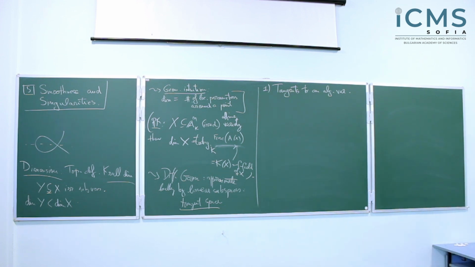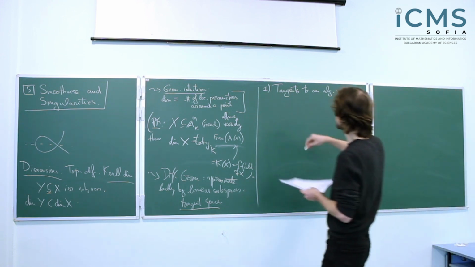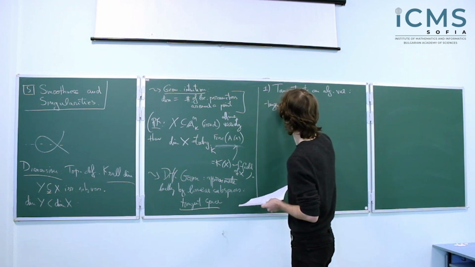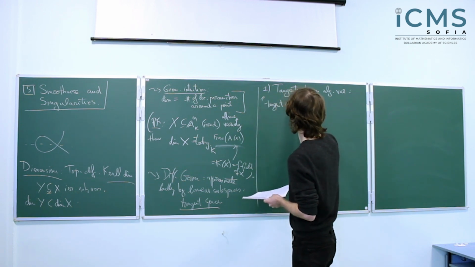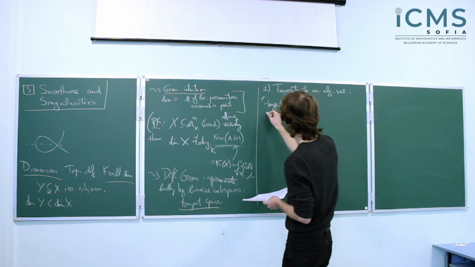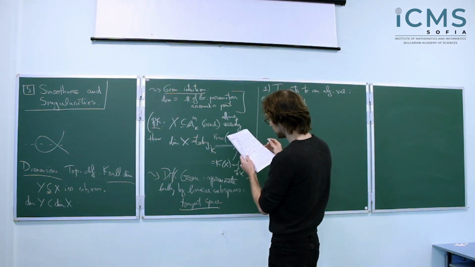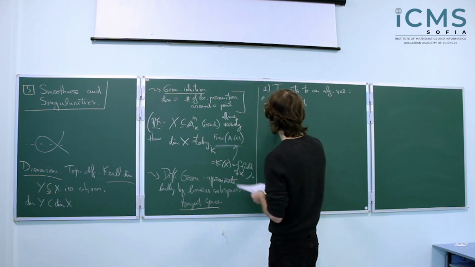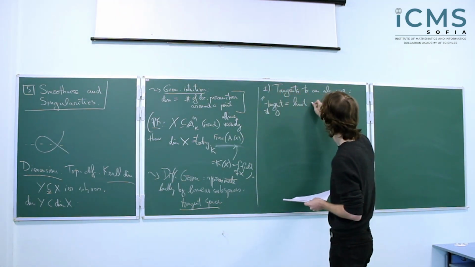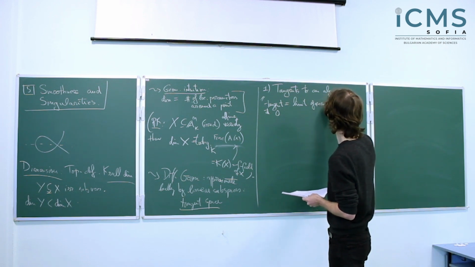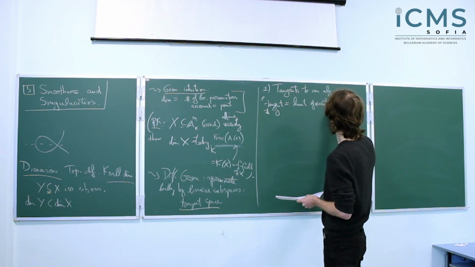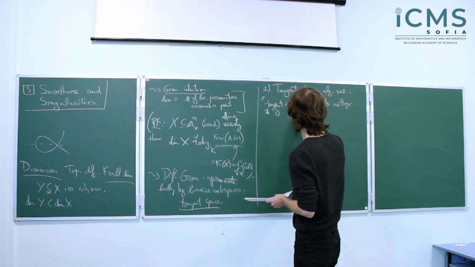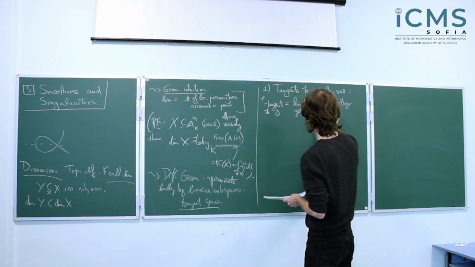So for this, we use the following intuition. A tangent should be the limit of secants at a point, let's say zero, as they get closer to zero.